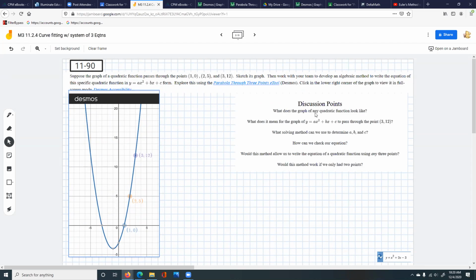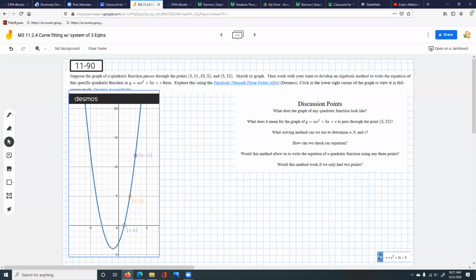Okay, so a few things here for number 90. So you've got the graph on your paper. What does it look like? We put it in the tool. That's what it looks like. What does it mean for the graph of y equals ax squared plus bx plus c to pass through the point 3, 12? What does 3, 12 mean in relation to this? Let's write that down in relation to that equation.